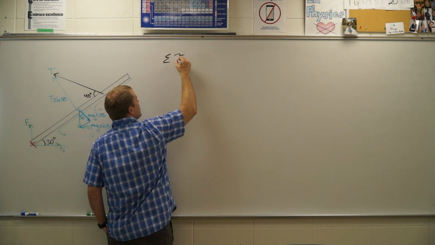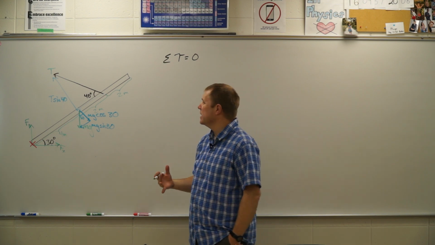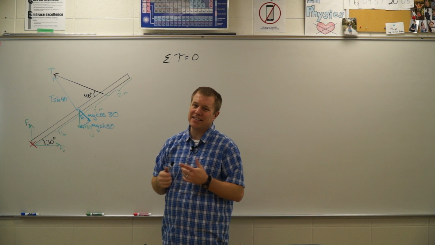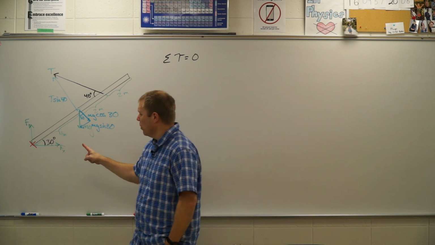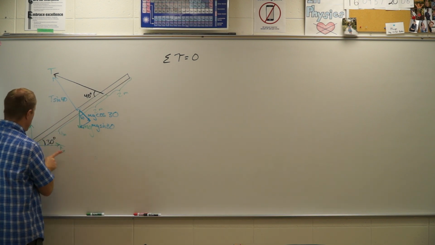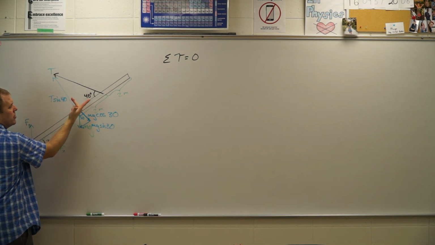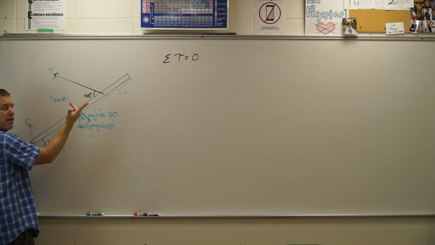So summing up the torques, set it equal to 0 because it is not angularly accelerating. And so I need to decide, are they going to be positive or negative torques? So I can use my right hand rule. So I will point with my right hand from the axis of rotation to the force, push my fingers in the direction of the force, and so for T sine 40, it's coming out of the board, so it would be a positive.